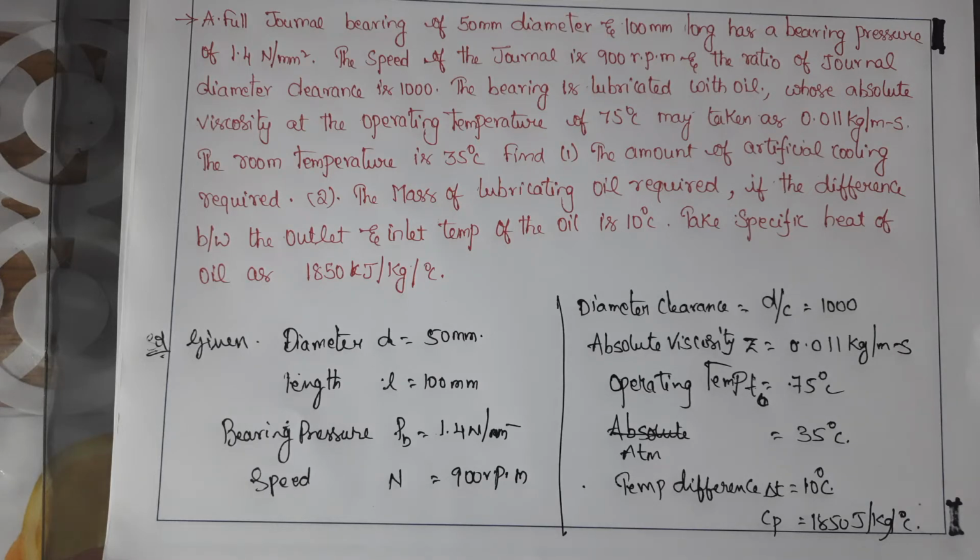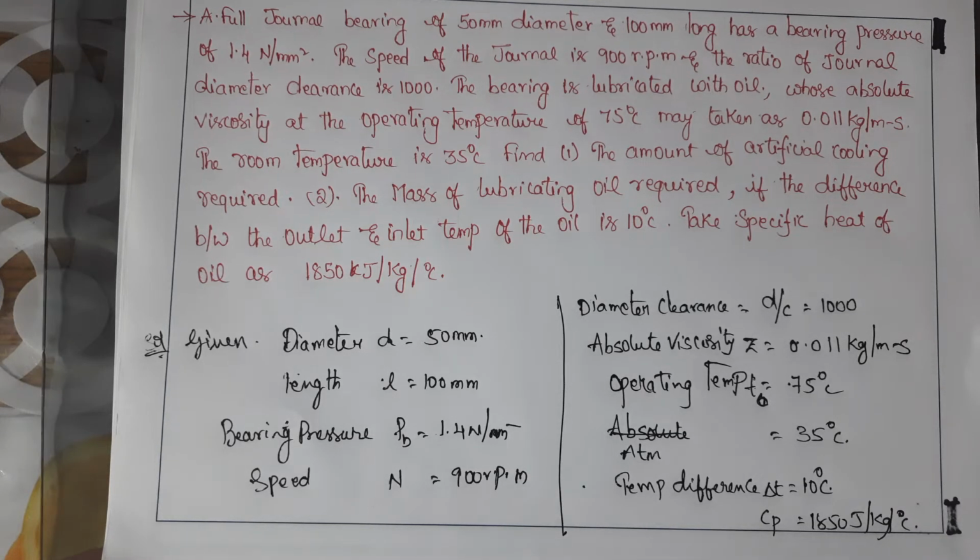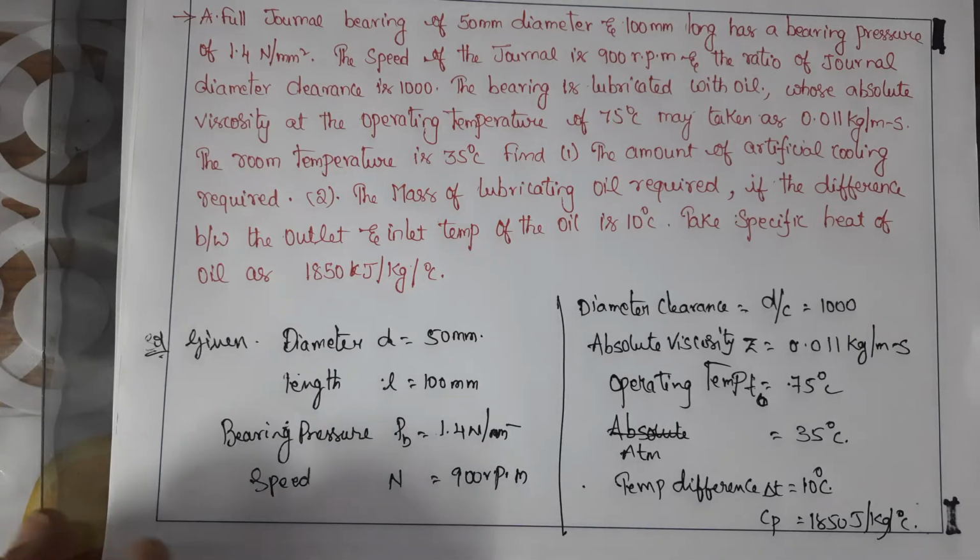Leaving the design procedure aside, the first question he has asked us is to find the amount of artificial cooling required. For finding the artificial cooling required, we need to calculate the heat generated as well as the heat dissipated.